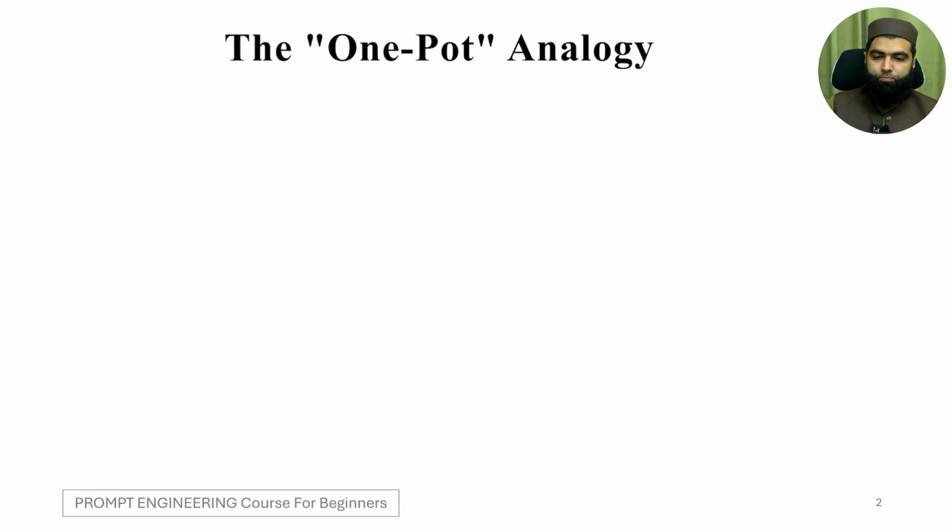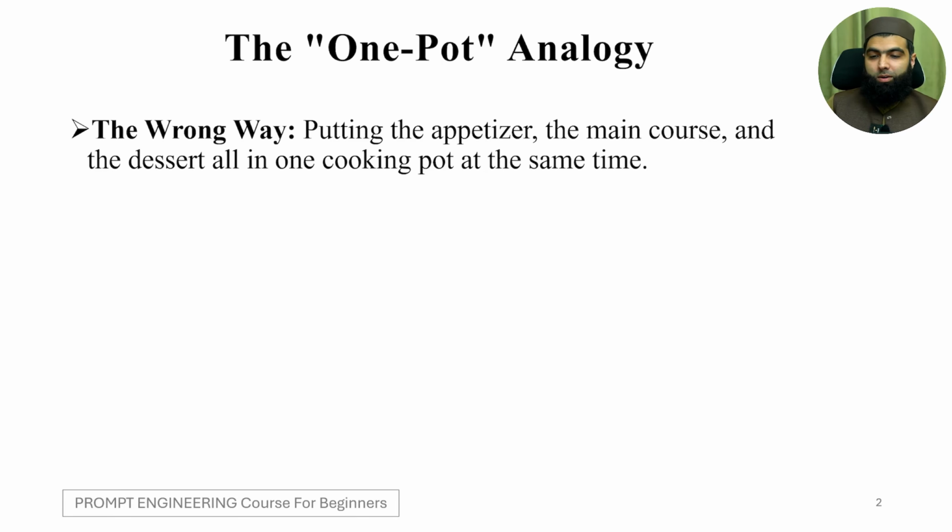And Mr. James, as a result, will feel disappointed because the result will not be of that level which he was expecting. Now, let's understand with an example why dumping information in one single prompt is a problem. We will use something related to food, because food is something that almost everyone likes. The wrong way is like if you have one single utensil and you put the appetizer, then the main course, and then the dessert all in one cooking pot at the same time.